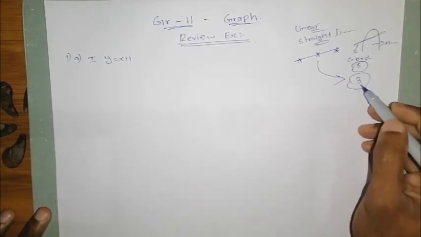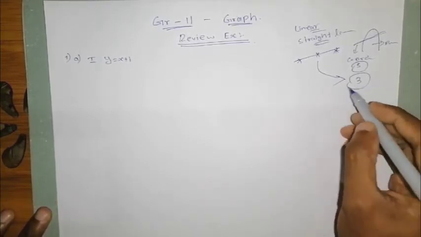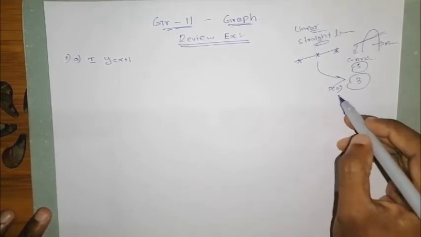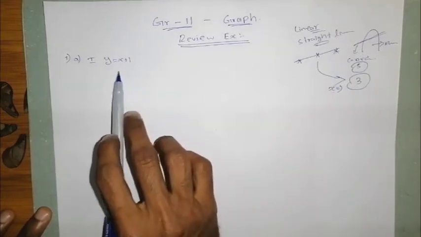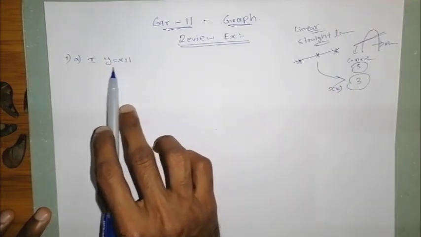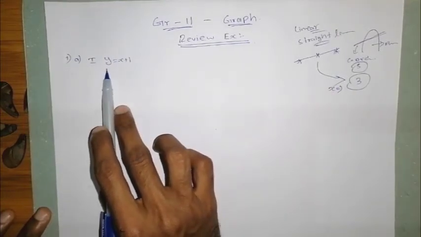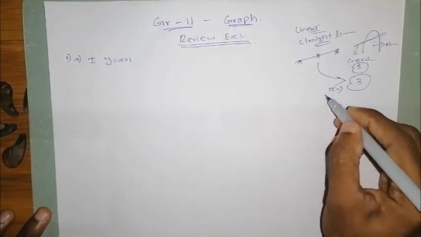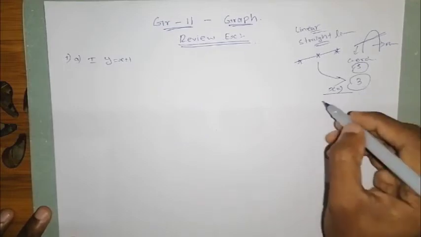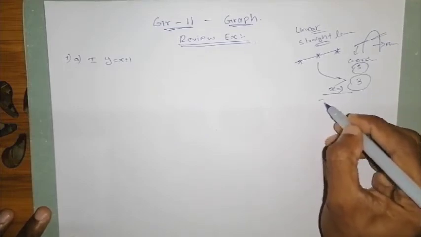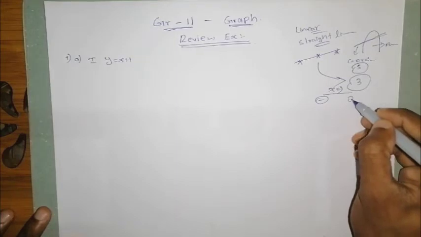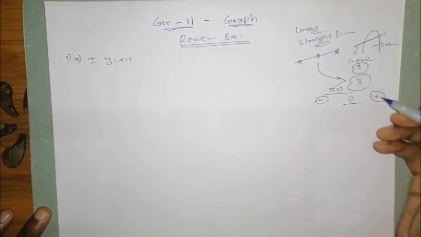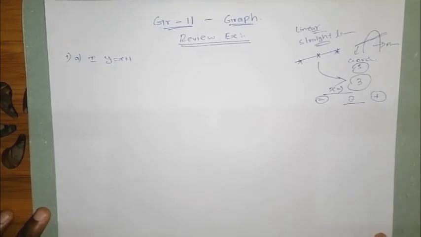We select values of x and substitute them into the equation to find the corresponding values of y. That is the working. For the x coordinate, you can select a negative value, you can always select 0, and you can select a positive value. Those are the 3 values.